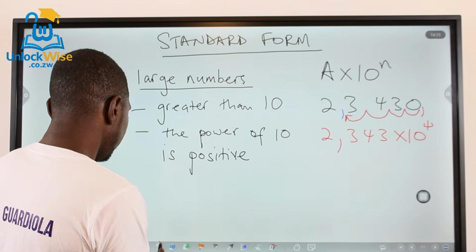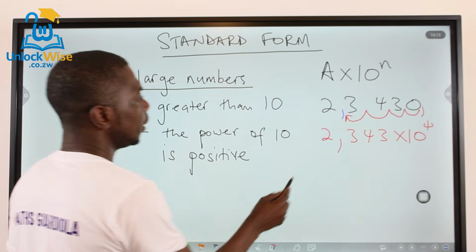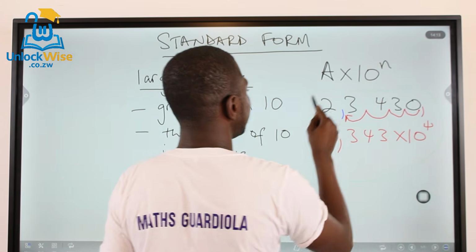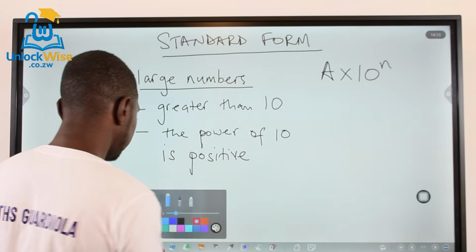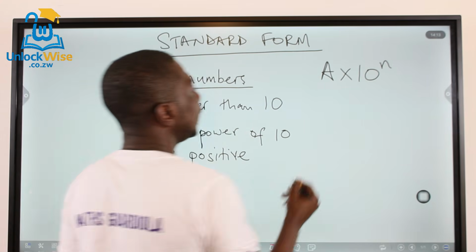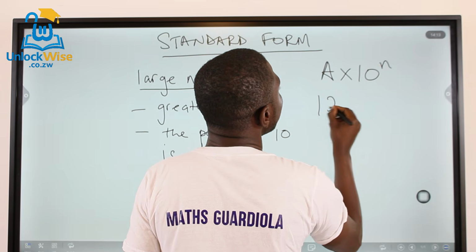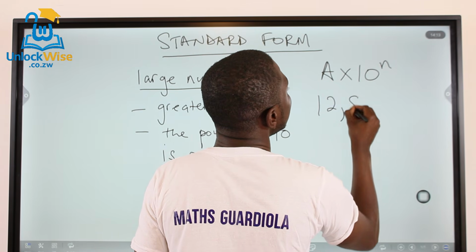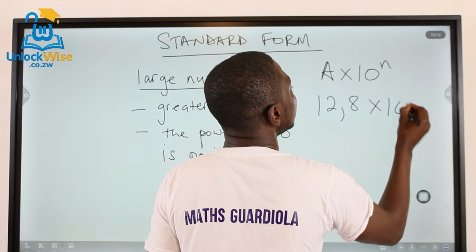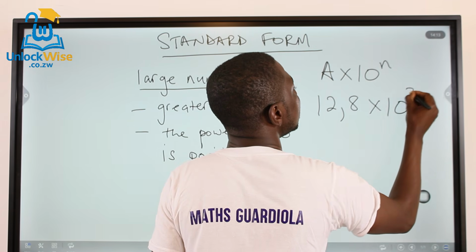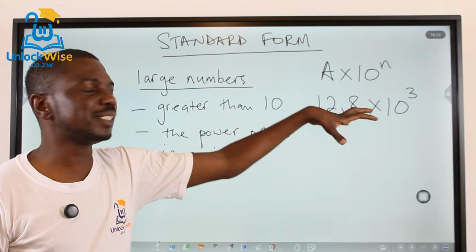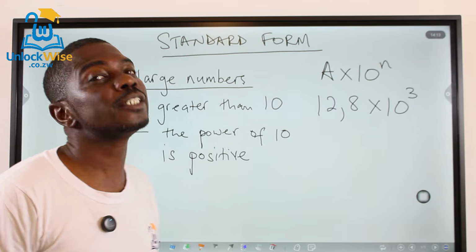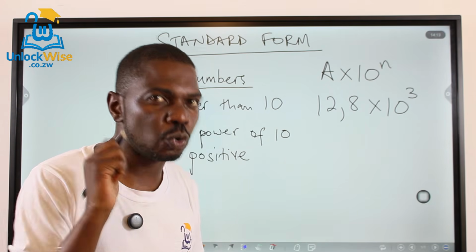Now, just to check your understanding, I will give you something like this. Let's say we have 12, comma 8 times 10 to the power 3. At first glance, this might actually look like it is in standard form, but it is not.